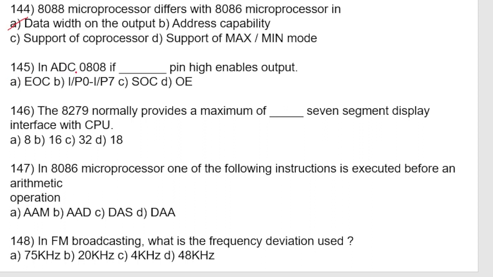In ADC 0808, the pin that enables output is OE, which we have to enable.